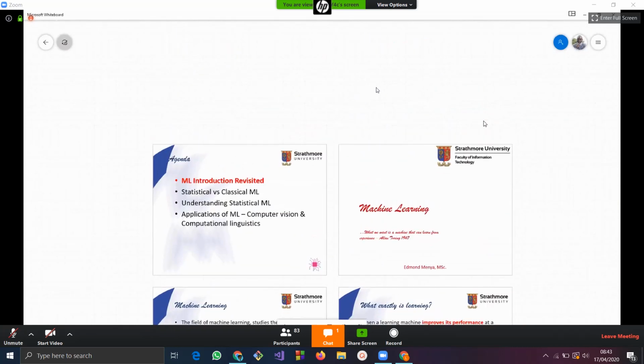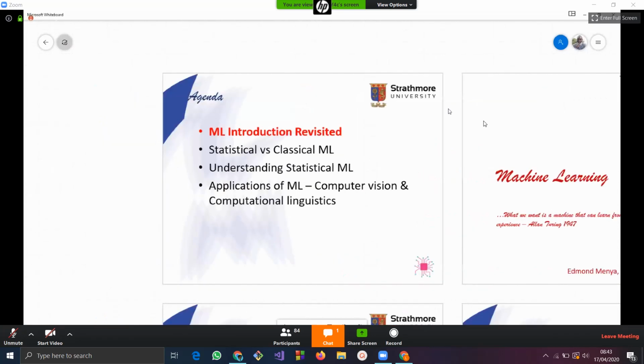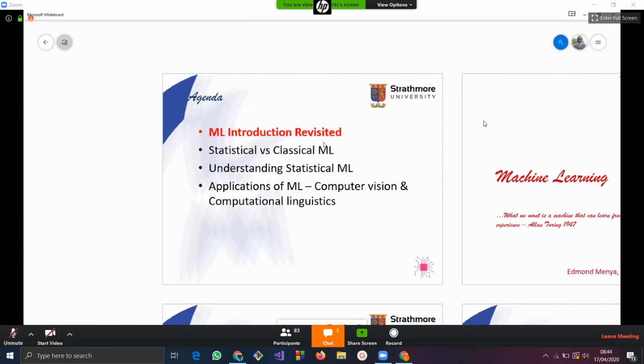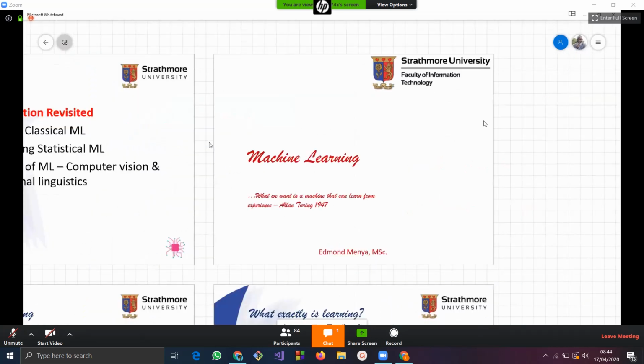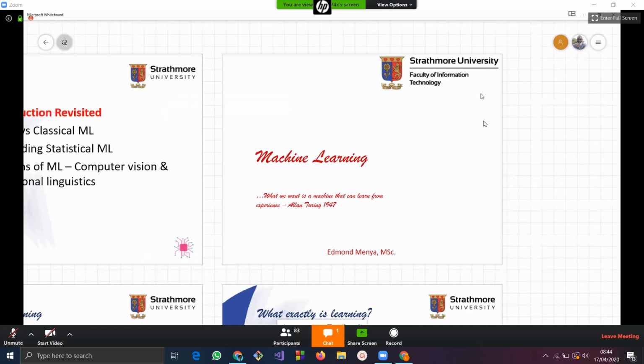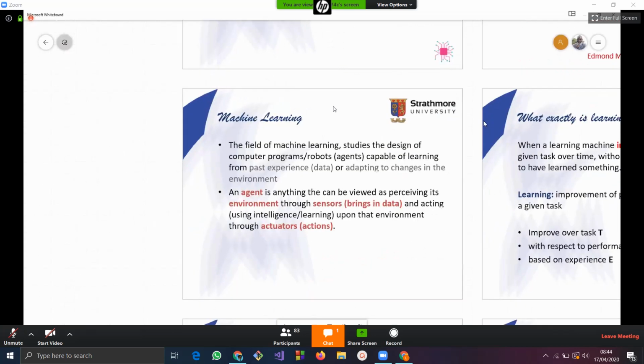We have where we are starting, colored in red, machine learning introduction revisited. And here we are starting with introduction to machine learning. A quote there from the father of AI: what we want is a machine that can learn from experience. That was said by Alan Turing in 1947. So we're actually going to build on that quote as we go on.